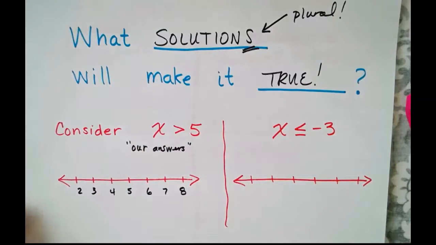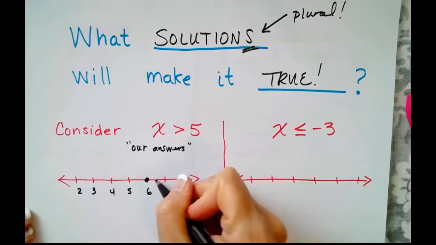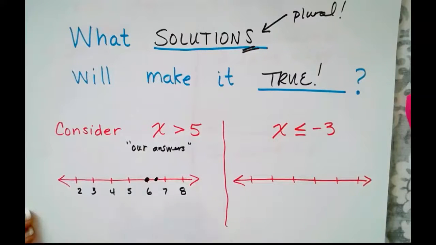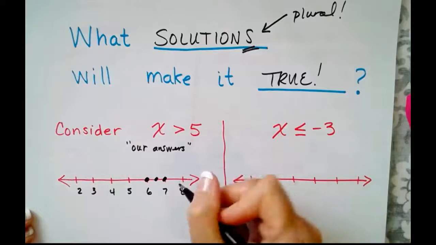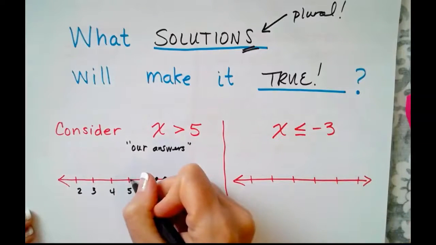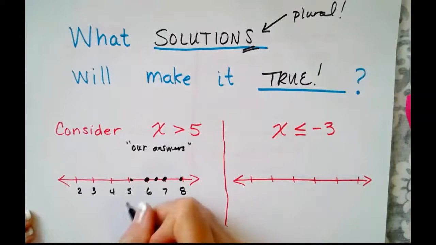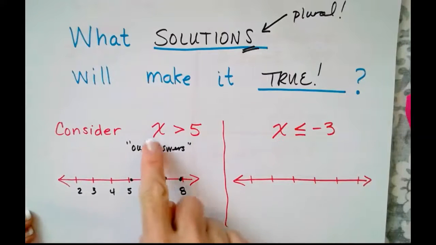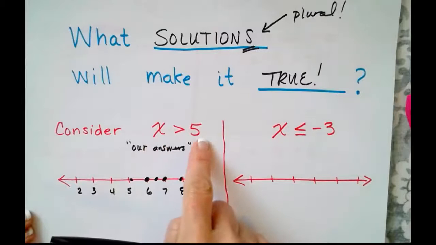Now, our answers are greater than 5. That means that 6 is one of our answers, 6.5 is one of our answers, 7 is one of our answers, 7.9. What about 5.1? Yes. But what about 5? Is 5 greater than 5?